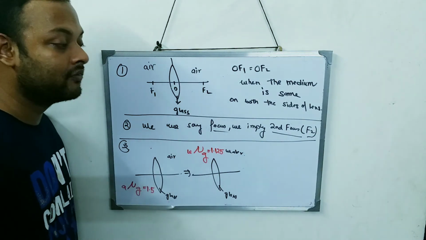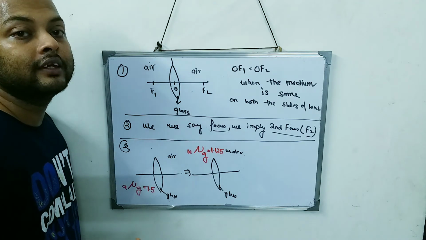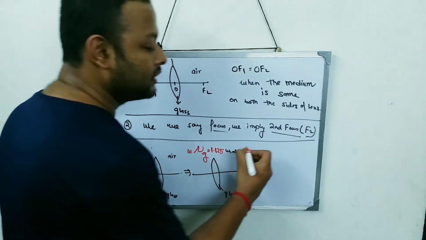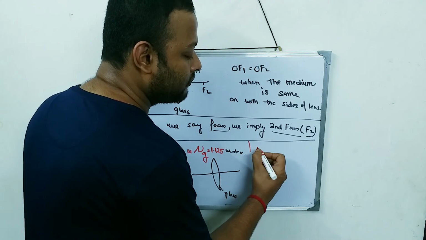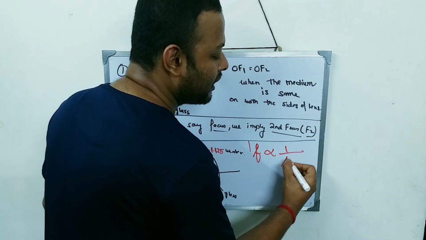the focal length is going to increase, because the relationship is that focal length is proportional to 1 by refractive index.